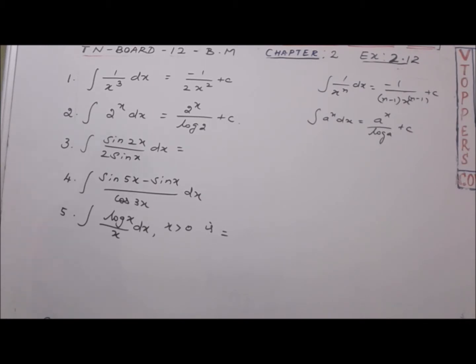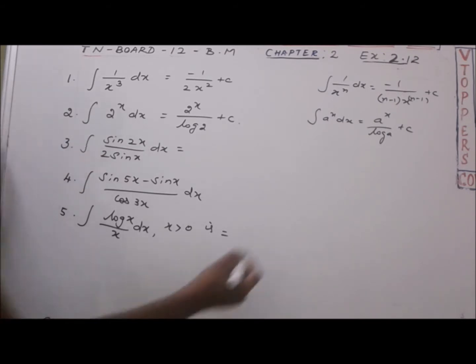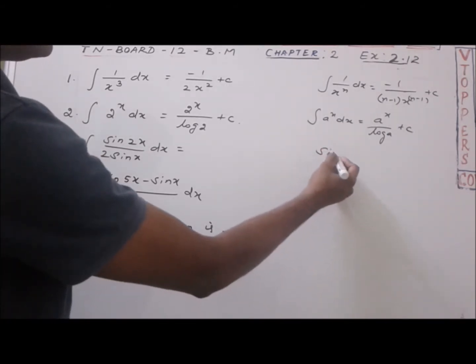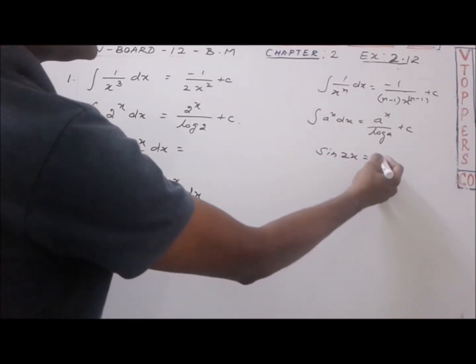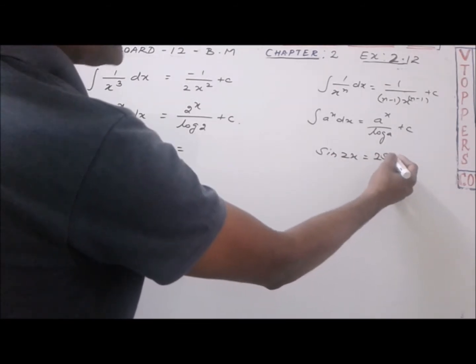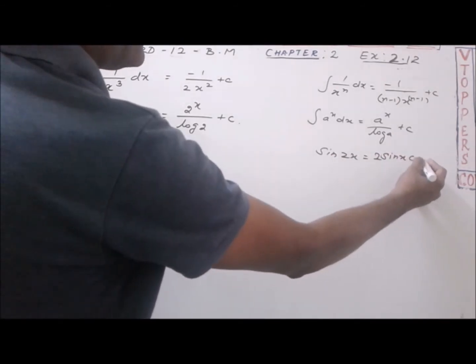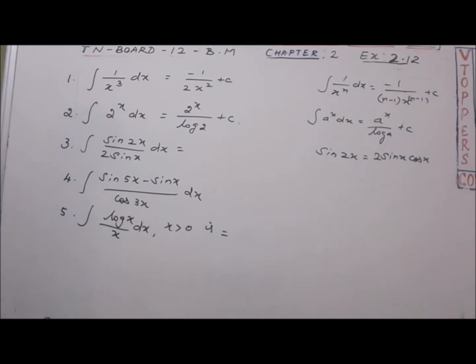Now question number 3, sin 2x by 2 sin x is given. For sin 2x we have the formula, sin 2x is equal to 2 sin x cos x.